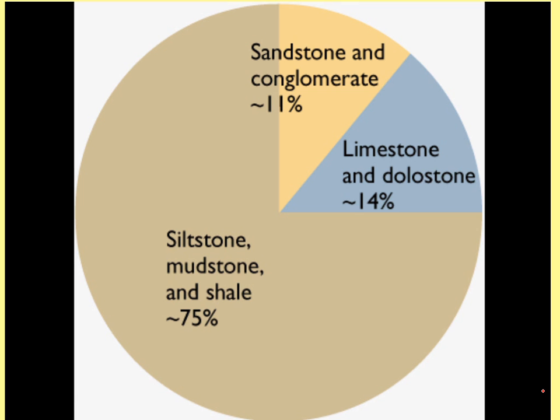So limestones and dolostone, which are magnesium-rich carbonates, represent a relatively small but fortunately or unfortunately important component of the sedimentary record.